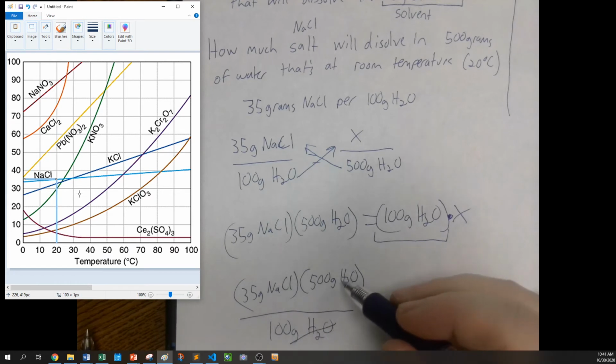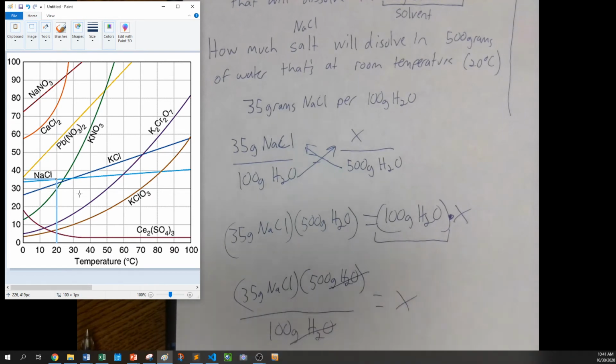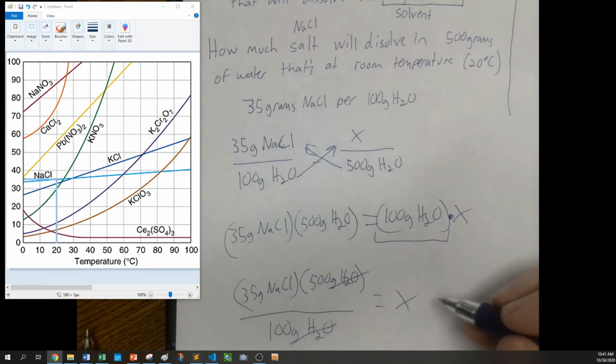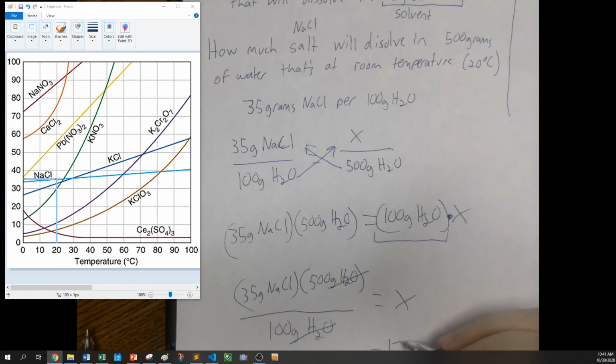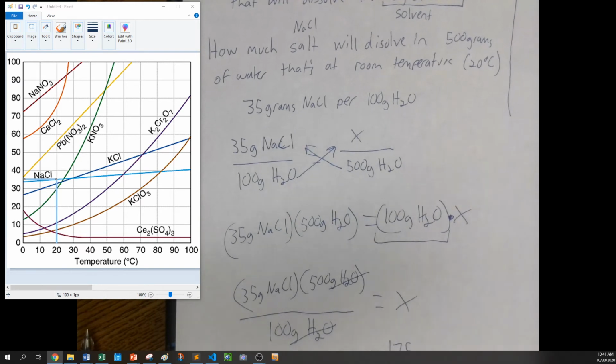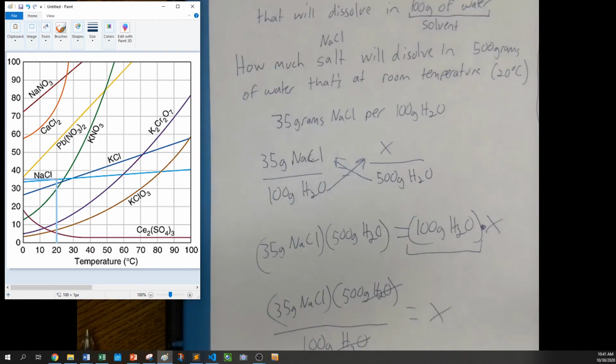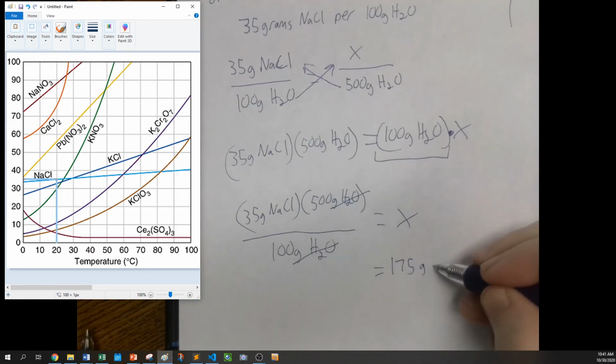Grams water cancels out with grams water, giving us grams of sodium chloride. So that's 35 times 500 divided by 100, or 35 times 5, gives us 175 grams of table salt.